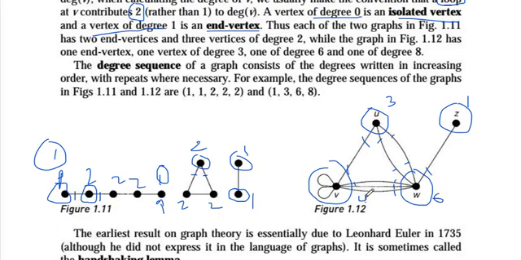But here we have 2 loops. For a loop we have to count 2, so 2 plus 2 is 4, and the total is 8. For this graph, the degree of vertex V is 8. Like this you have to count, and if you want to write them down, you have to write them in sequence, in ascending order, increasing order. Like this: 1, 1, 2, 2, 2, 1, 3, 6, 8. 1, 3, 6, 8.